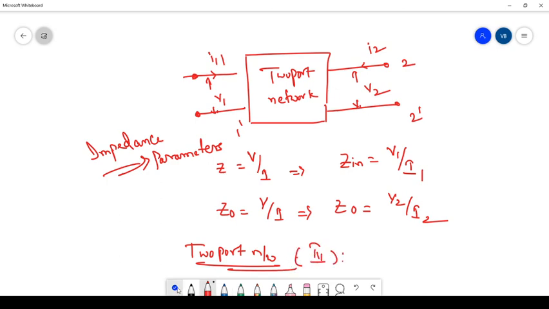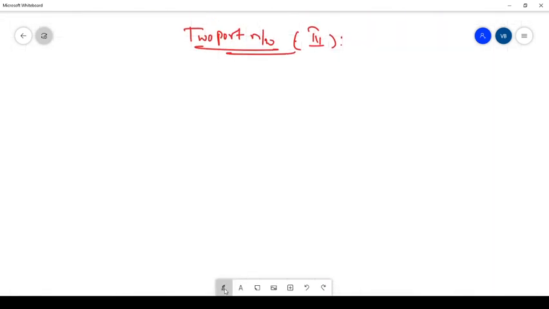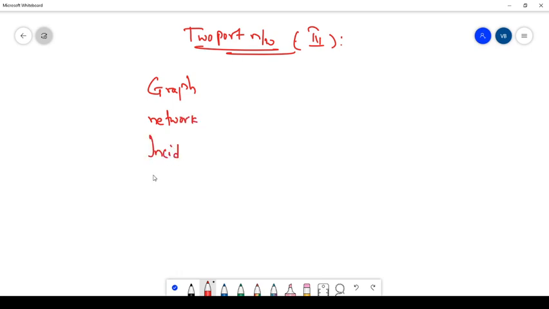So this is about your first chapter. You learned everything in the first part of your first chapter: what is meant by graph, what is meant by network, how to write the incidence matrix, what is meant by cut set matrix, tie set matrix, and RLC basics.